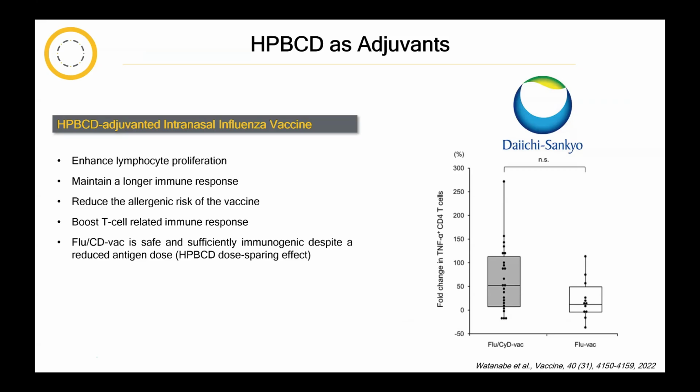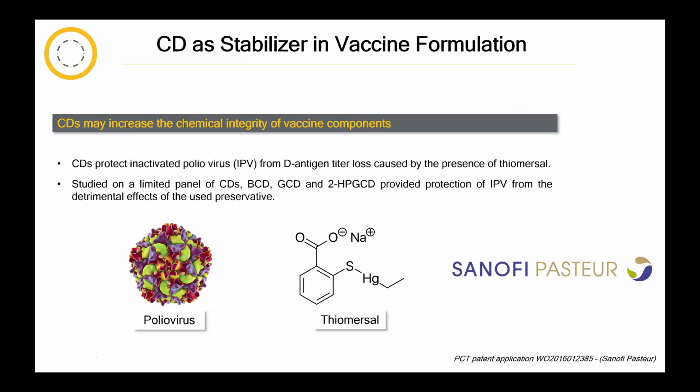You can see here that the Japanese company Daiichi Sankyo, which is a large big pharma company, is using HP beta for an intranasal influenza vaccine. So the cyclodextrin can increase the T cell related immune response and reduce the allergic risk to the vaccine, which is again a very nice, very advantageous property.